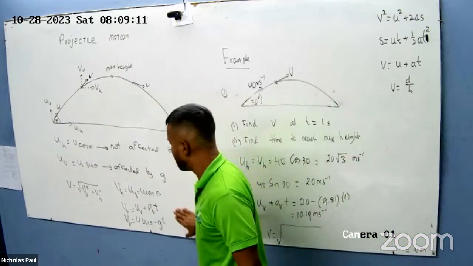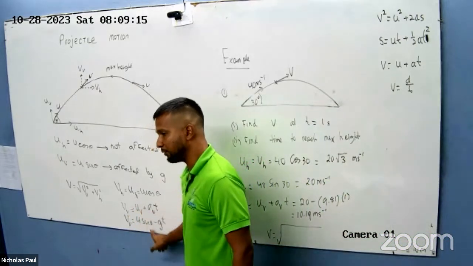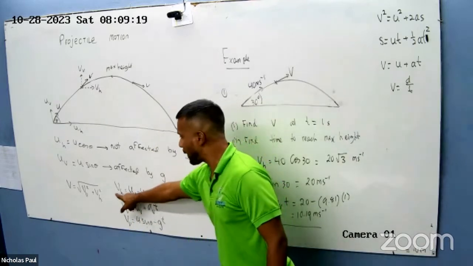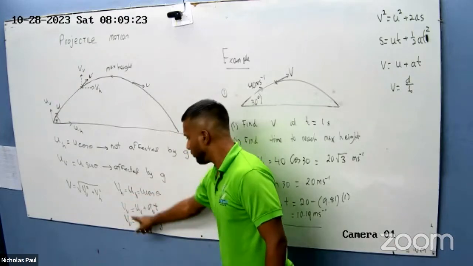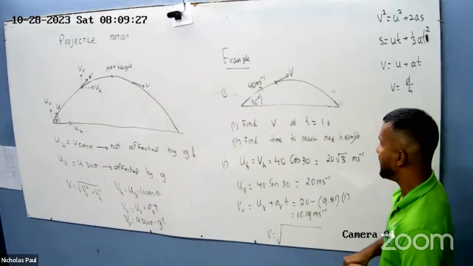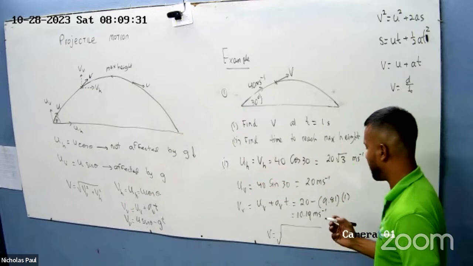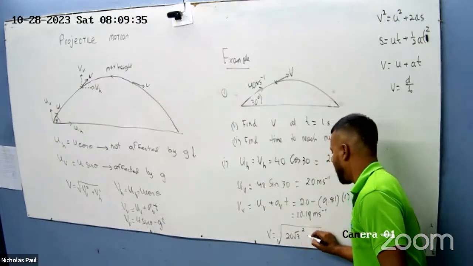All those v's here, everything has to do with vertical here. This is capital V. V horizontal is the same as U horizontal because it's constant. So it's 20 root 3, and I have to square it.